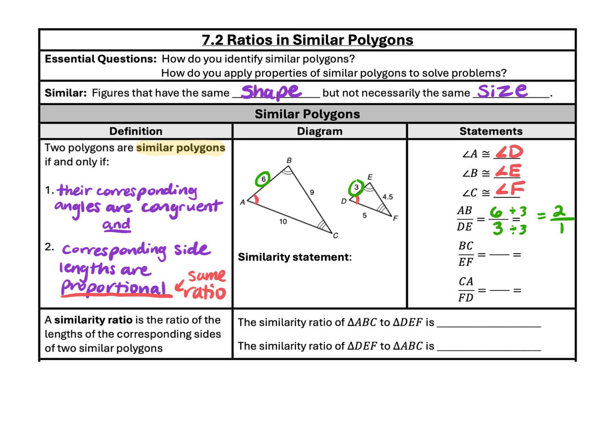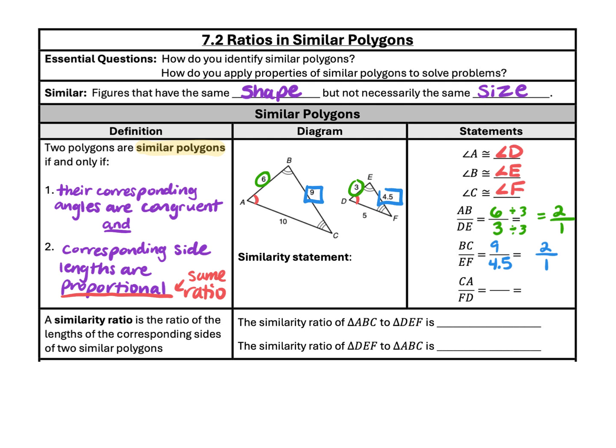Let's check the next ratio. The ratio of BC over EF is 9 divided by 4.5. And if we divide that out, you also get 2, or 2/1. So they're the same ratio, that's proportional.